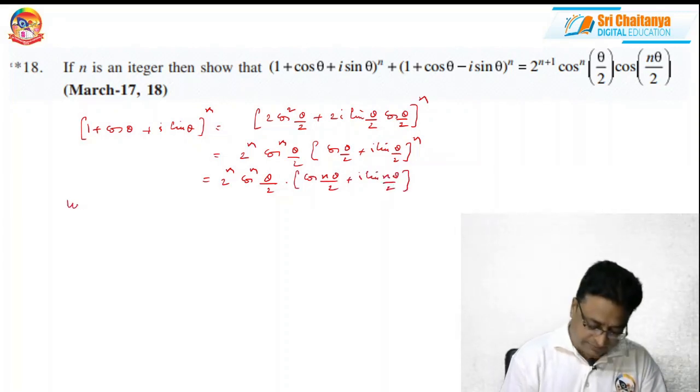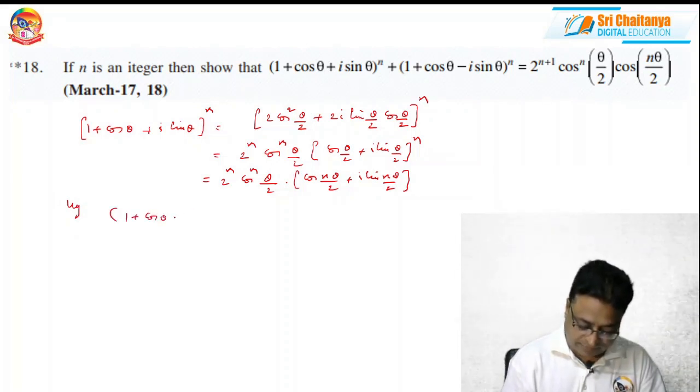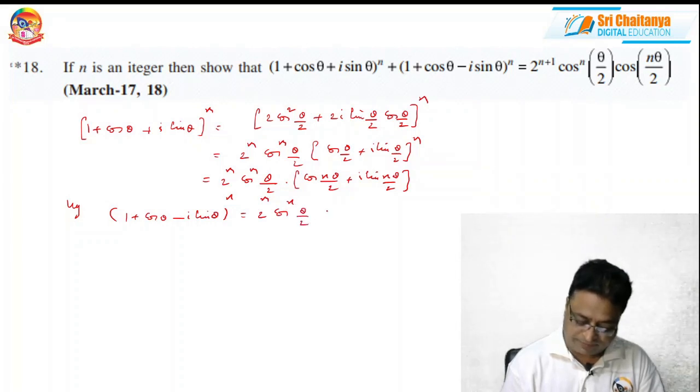Similarly, (1 plus cos theta minus i sin theta) whole power n, I can write as 2 power n cos power n theta by 2 into (cos n theta by 2 minus i sin n theta by 2).